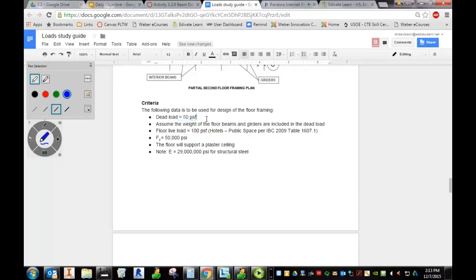So 50 PSF times our tributary width, which is 6 feet 8 inches converted to a decimal, and 1,000 PSF times that same tributary width, 6 feet 8 converted to a decimal. That should get you your total loading. So do those calculations in your notebook. Pause it, make sure you do that in your notebook, and then come back.